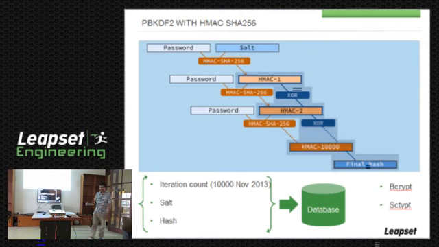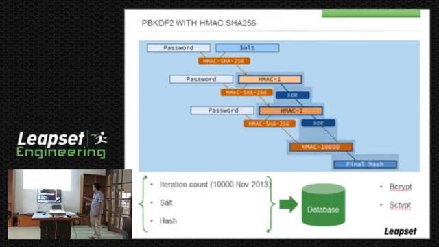So we have to re-evaluate the iteration count yearly. Year by year the hardware becomes more powerful, so we have to change the iteration count according to the current hardware trend.